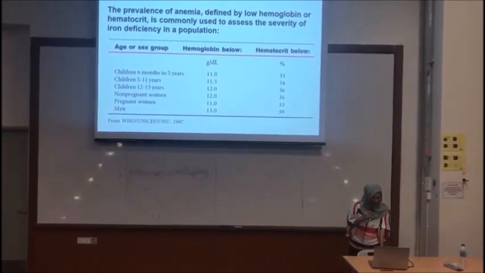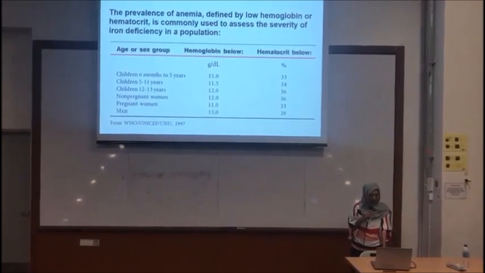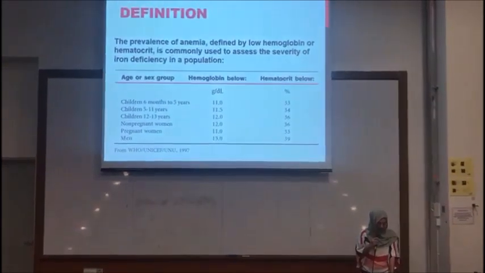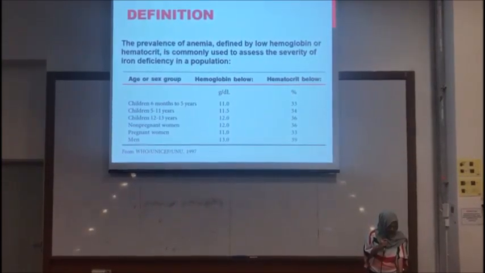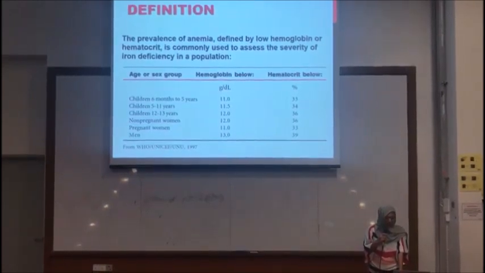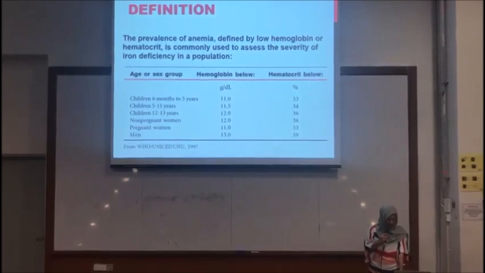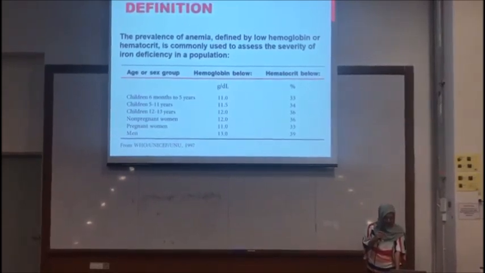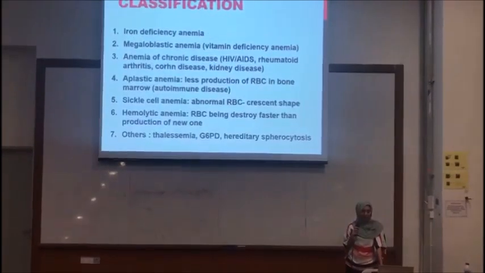Children 5 to 11 years: hemoglobin below 11.5 and hematocrit below 34. Children 12 to 13 years old: hemoglobin below 12 and hematocrit below 36. Non-pregnant women: hemoglobin below 12, hematocrit below 30.